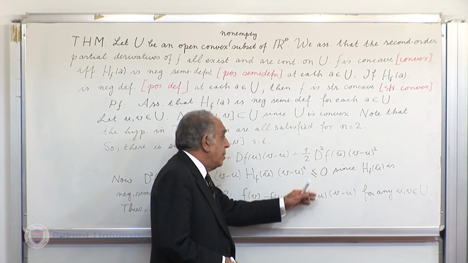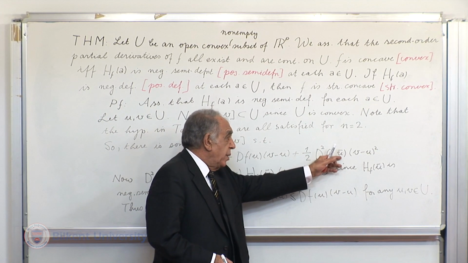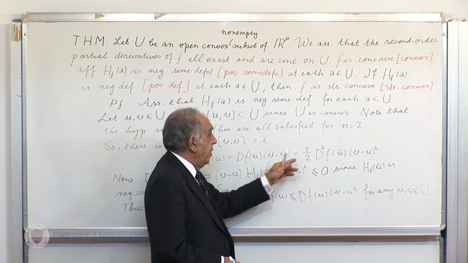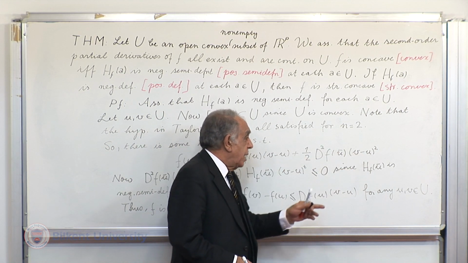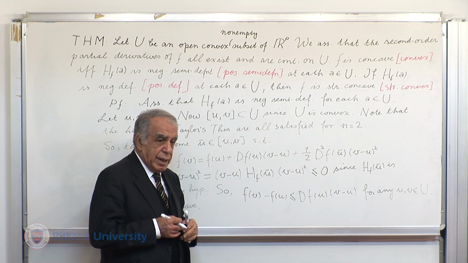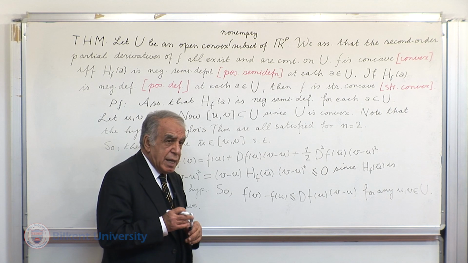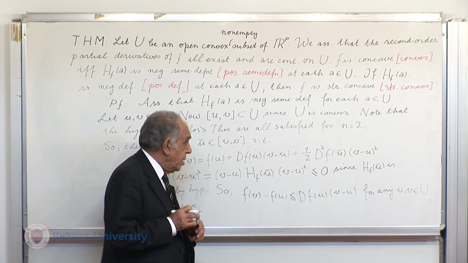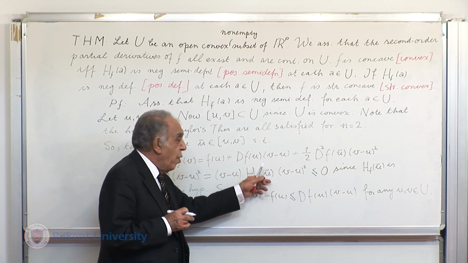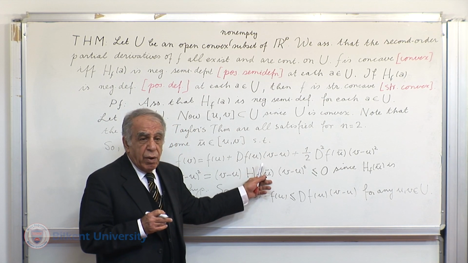And this time that will imply that for this particular u bar, which depends upon u and v, this Hessian will be less than or equal to 0. But here we have an additional difficulty. We have no full control on u bar.